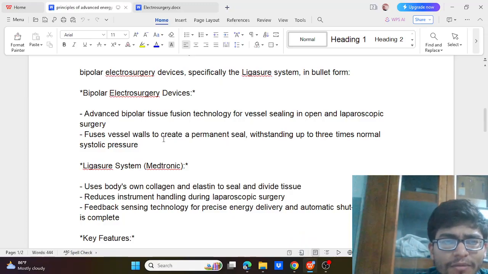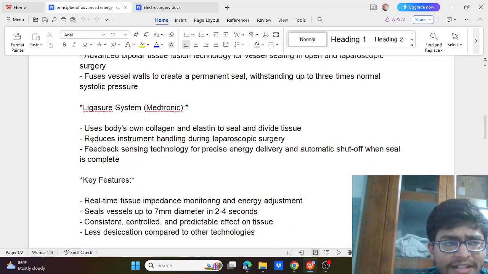They fuse the vessel wall to create a permanent seal, and it can withstand 3 times normal systolic pressure. So it is safer and more effective, that is the Medtronic LigaSure system. It uses the body's own collagen and elastin to seal and divide the tissue, and it also reduces instrument handling during laparoscopic surgery, which is helpful.